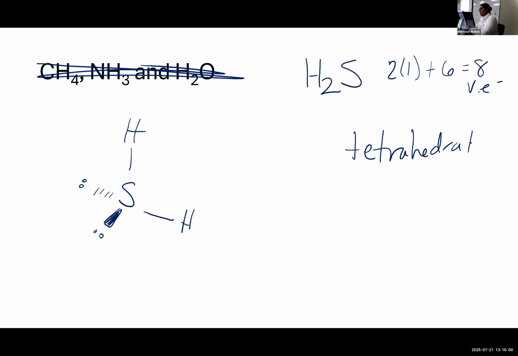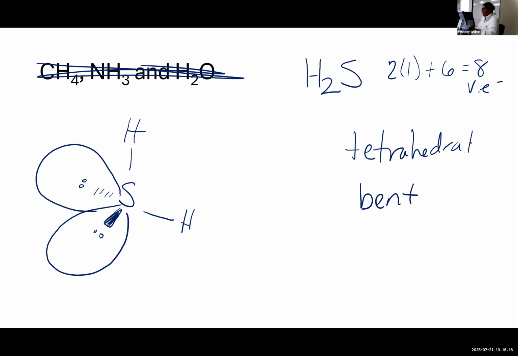So if you do, make sure you don't get tripped up by that, because those lone pairs will push the other 2 away to fill up the rest of the space. So this would not be linear. It would be bent. And then lastly, what is the hybridization? It's 4 things around it, so it would be sp3.